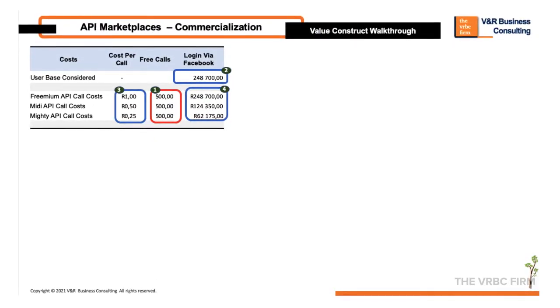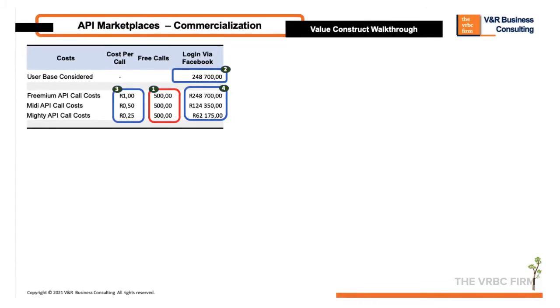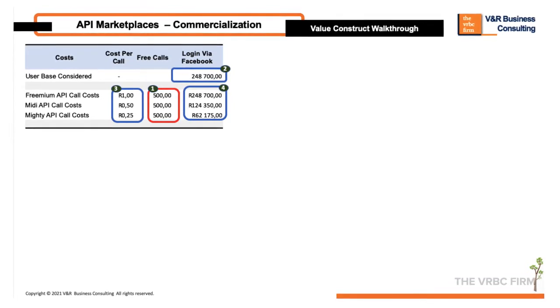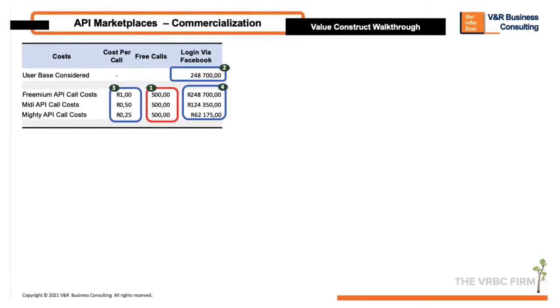Notice that the figure doesn't match the total we estimated in our assumptions. That's because the API marketplace gives us 500 free API calls, so we only pay per call once we exceed 500 calls. We multiply the number of calls by the rate of each subscription package as per column marked 3 so that we can compare and end up with the cost values as described by the column marked 4.